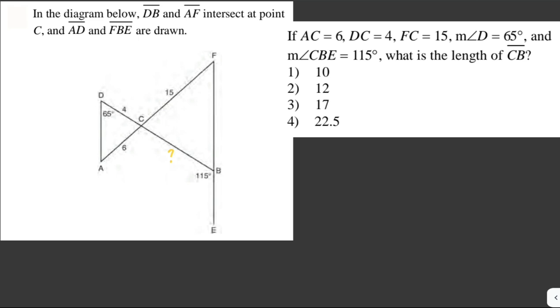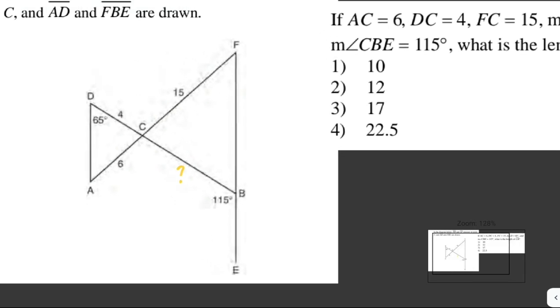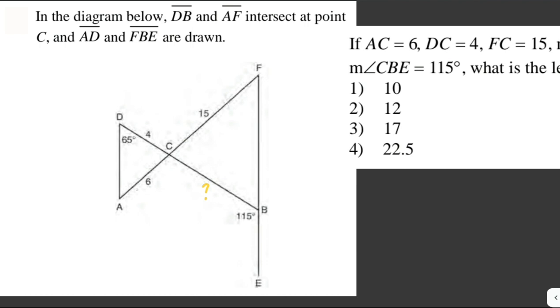Now, to solve for the value of segment CB, it is given here that DB and AF intersect at point C, and AD and FBE are drawn. So when they intersect, that means this angle here is congruent to this angle here. They are vertical angles, and vertical angles are always congruent.